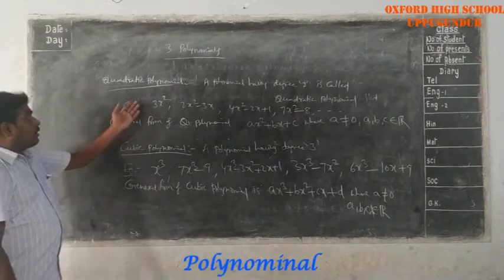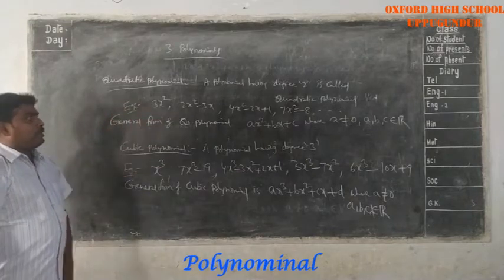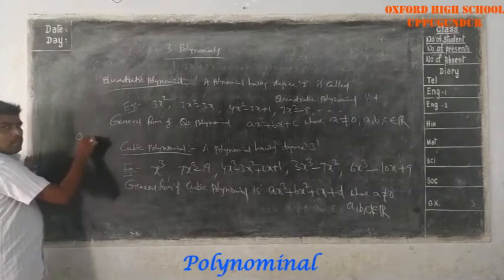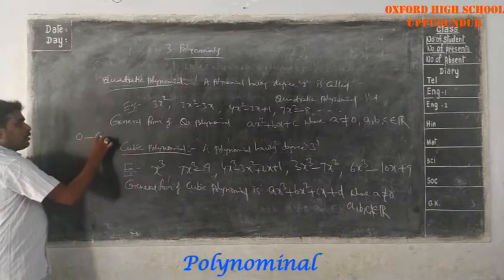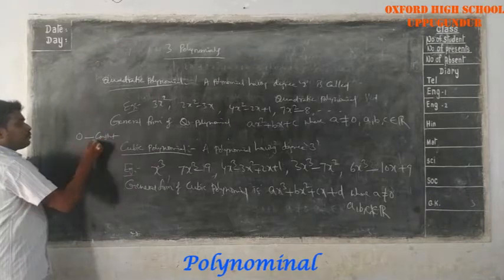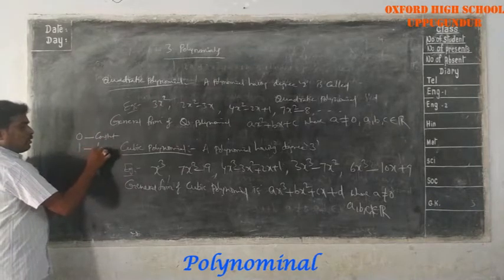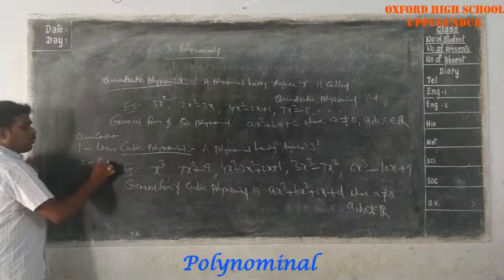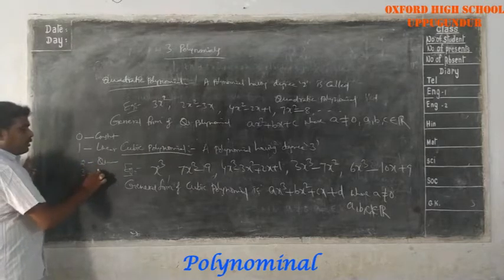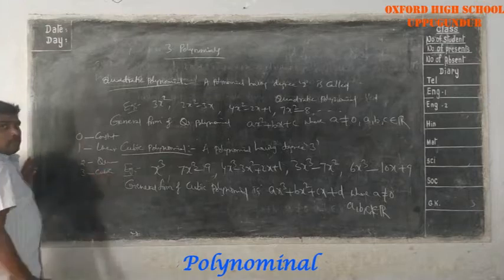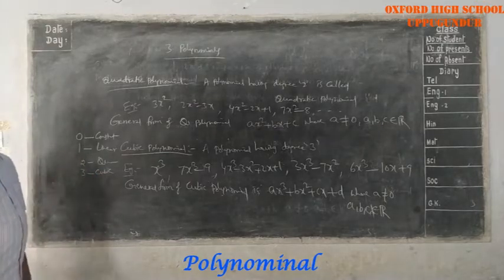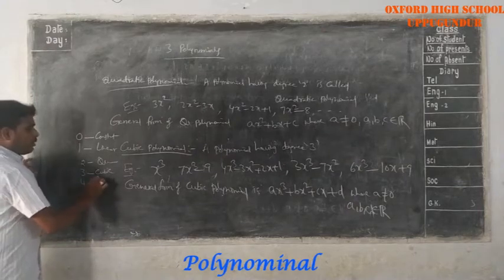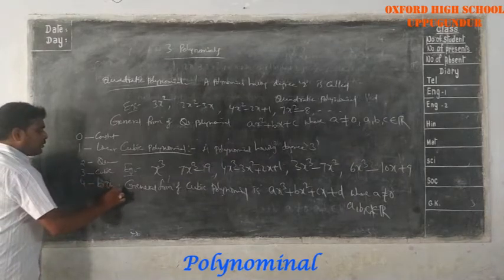So these are the different types of polynomials based on their degree. If degree is 0, what do we call that one? Constant polynomial. Degree 1, linear polynomial. Degree 2, quadratic polynomial. Degree 3, cubic polynomial. If degree is 4, you can call that one biquadratic polynomial.